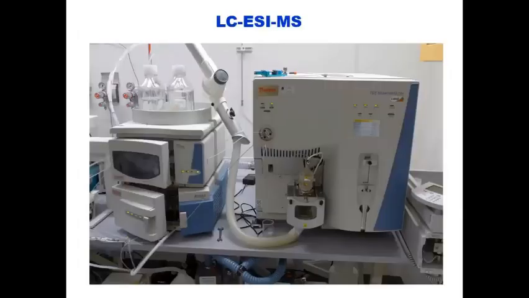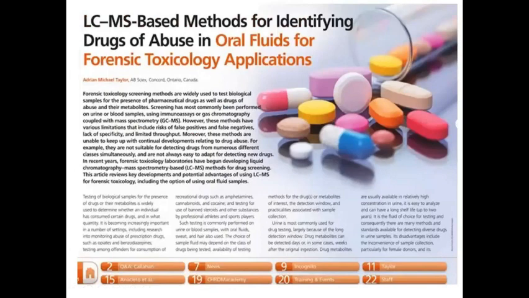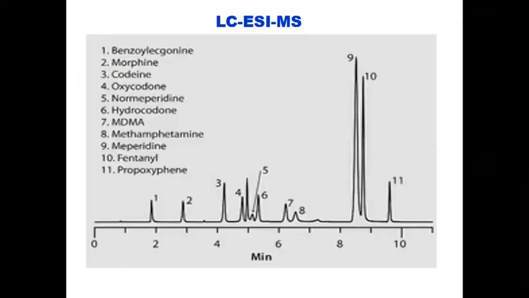So this is an image of ESI-MS, electrospray ionization mass spectrometry, showing the principle for ESI-MS. We can use this LC-MS to identify drugs of abuse in oral fluids for forensic toxicology applications.